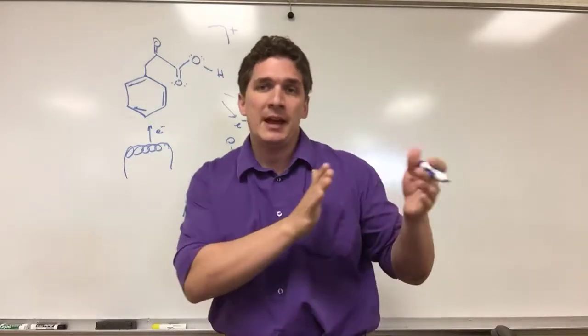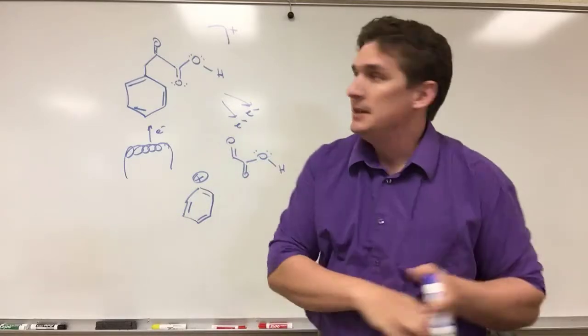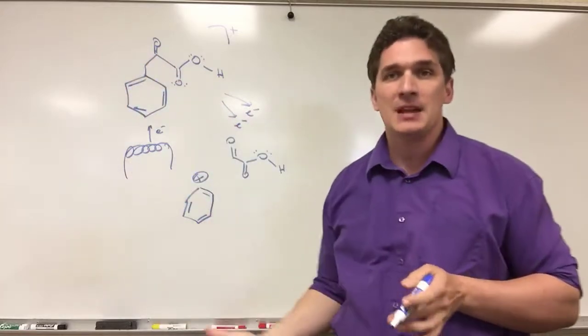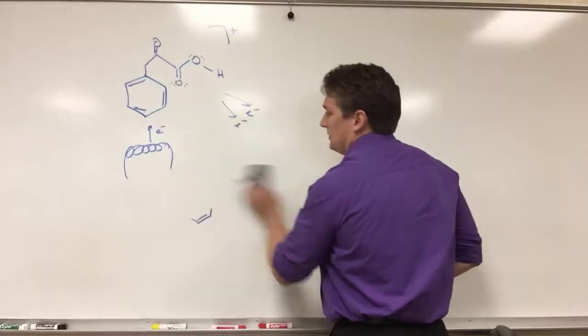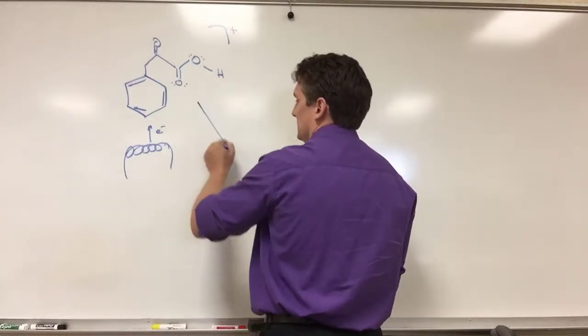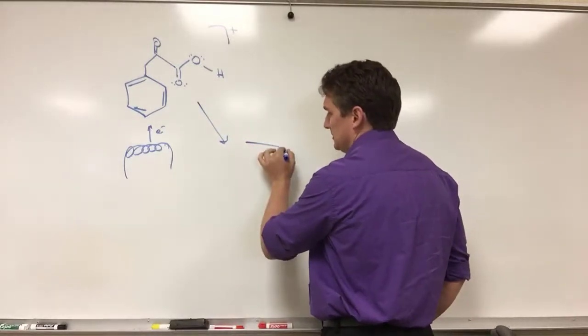The point is that we're going to have different fragments with different weights. Now, one of the things is going to be the parent compound with a positive charge, depending on how stable it is. But what we're going to do is take all these ions that we form, and funnel them in between 4 plates for a quadrupole.